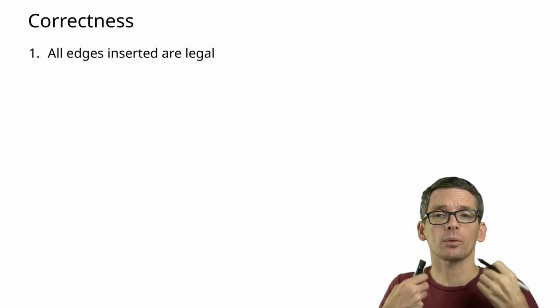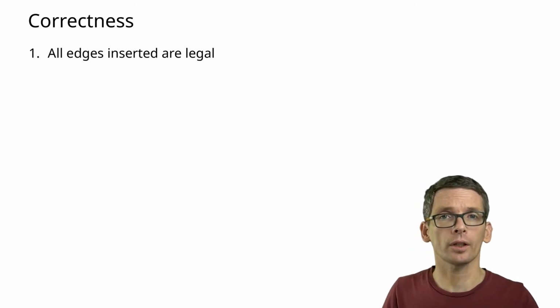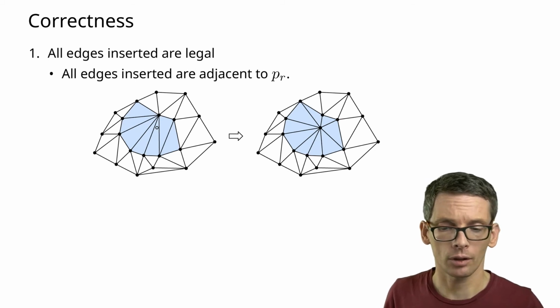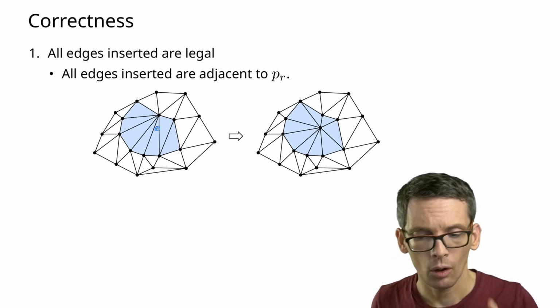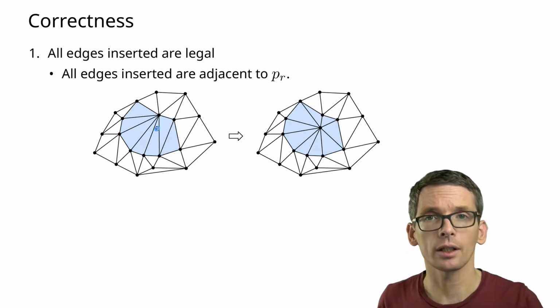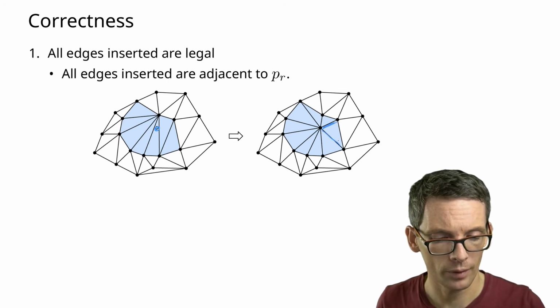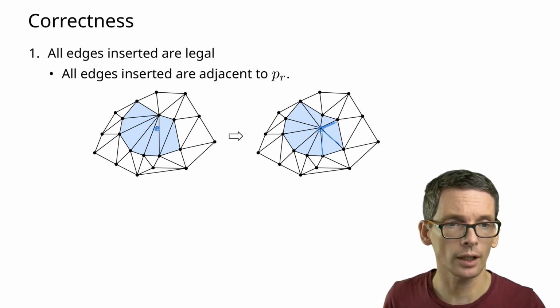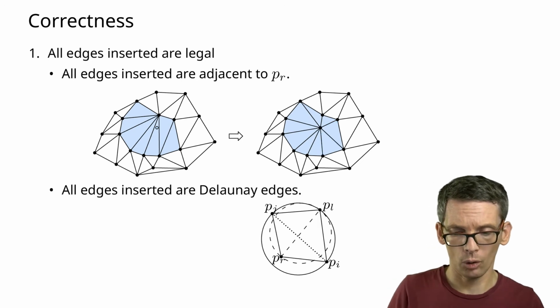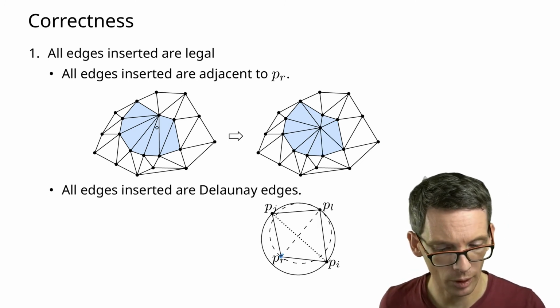That is what we need to prove to show that this is correct. So all edges that we inserted, those are legal. And how can we see that? Let's say this is our new point. All edges that we inserted are incident to that point, so they have this as a vertex. Locally that looks like this. Here's my new point.